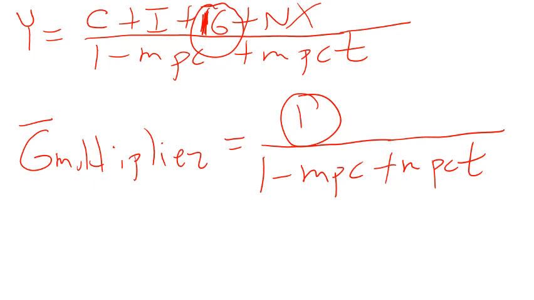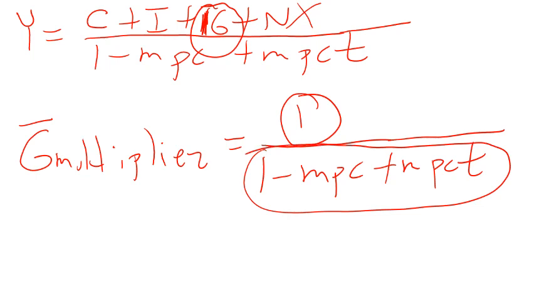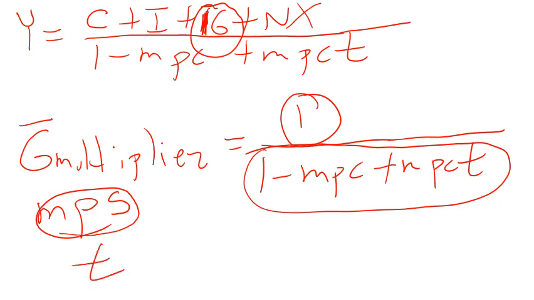And the denominator here, again, is the runoff. As this $1 extra progresses throughout the economy, as it moves from one level of expenditures to another, part of it will be saved, and part of it will be taxed away. Well, anyway, this is another way to explain the multiplier.